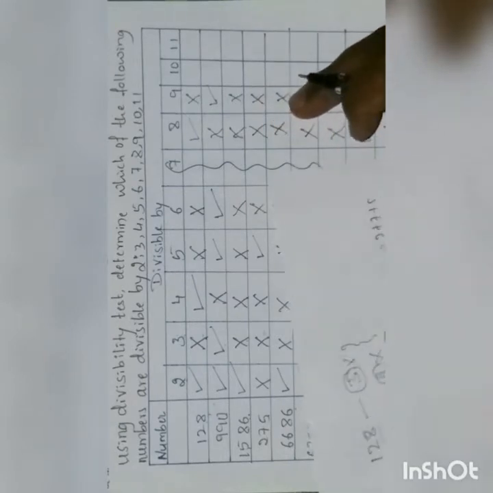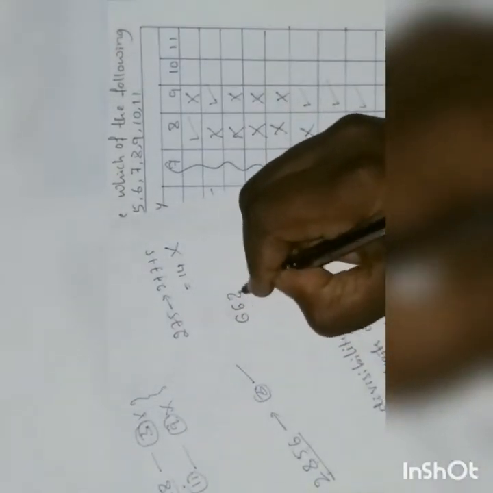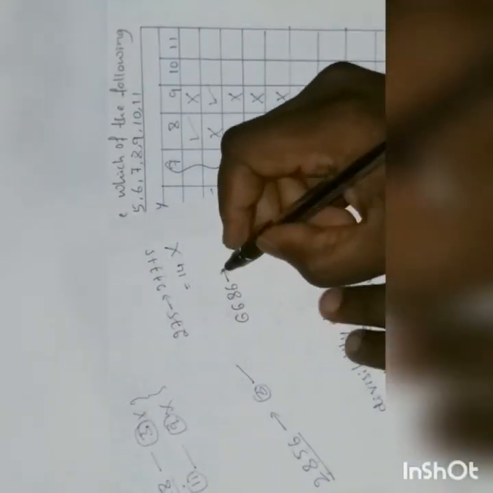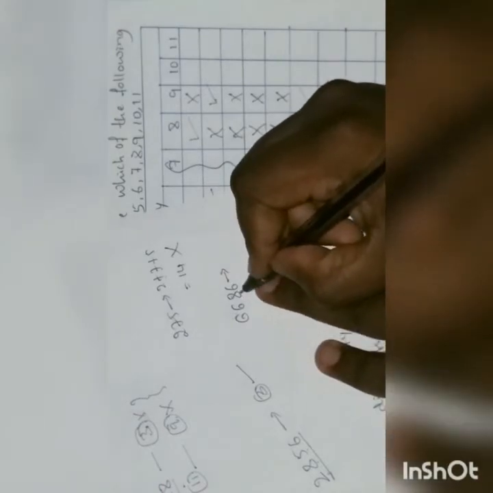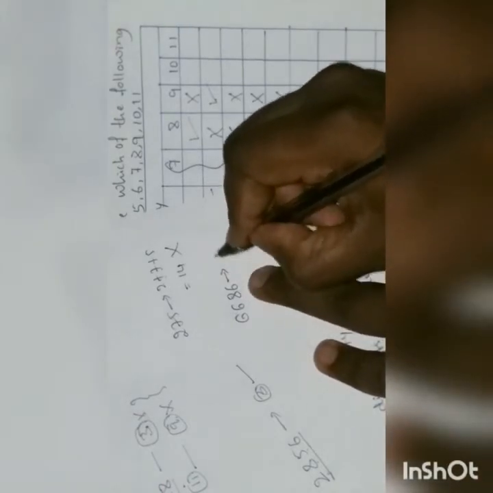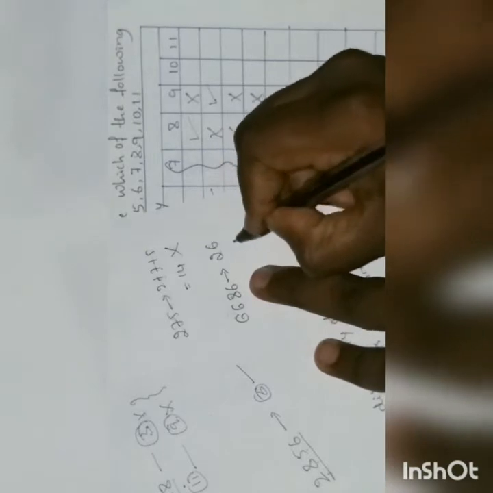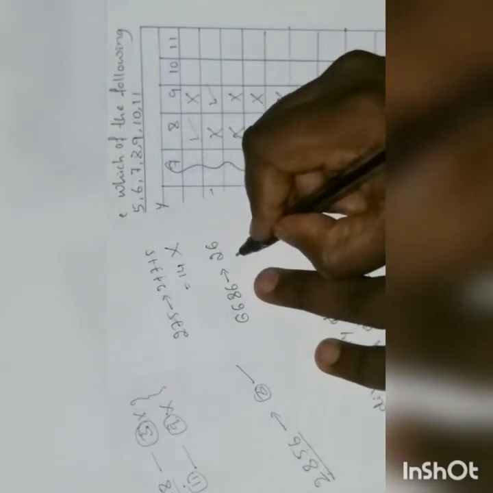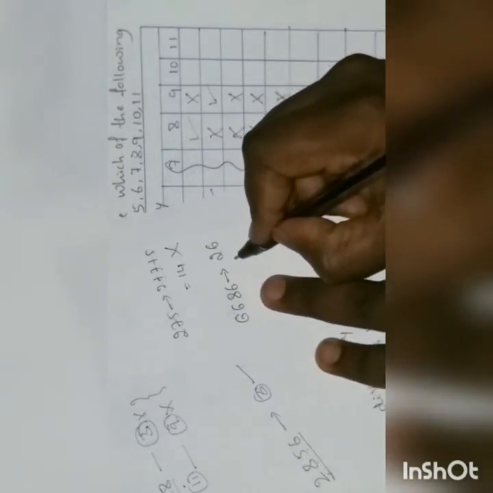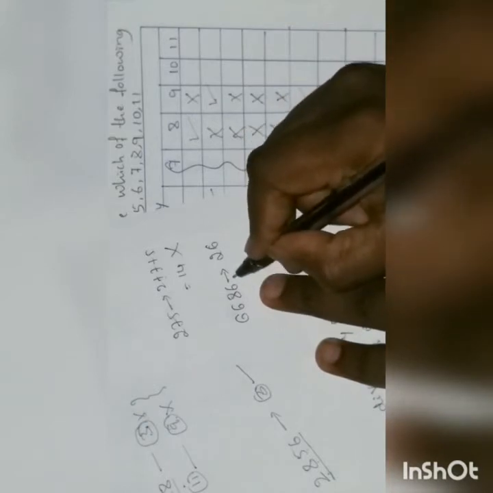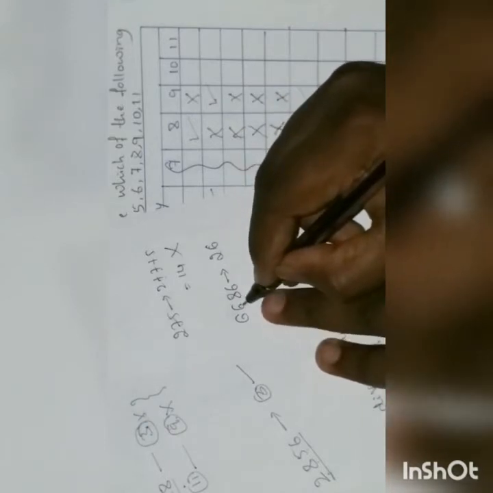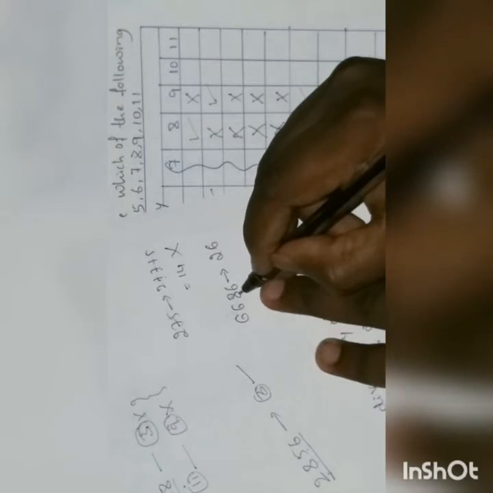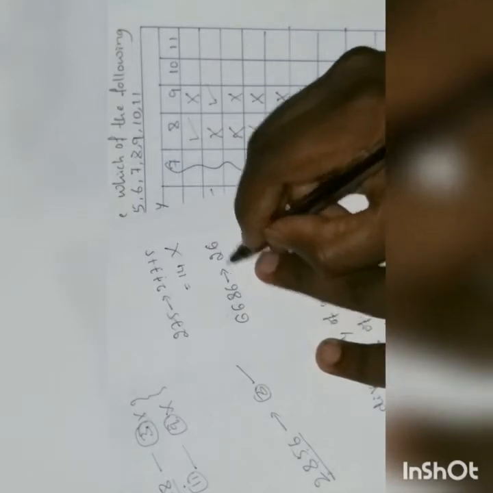Now we'll move to the next number, 6686. Add these digits: 6 plus 6 is 12, 12 plus 8 is 20, 20 plus 6 is 26.